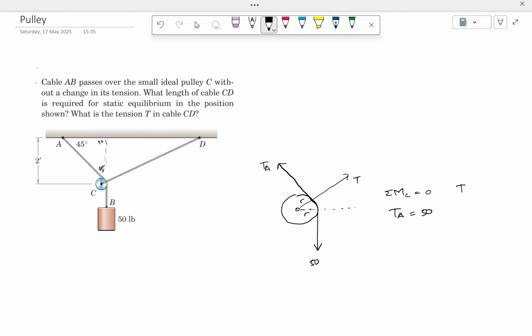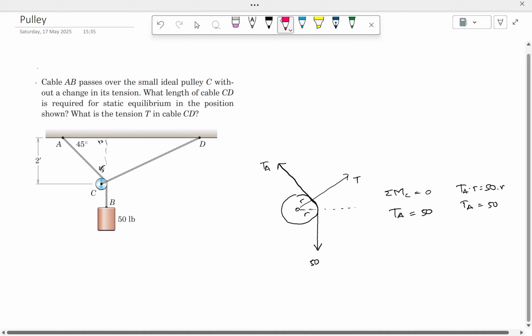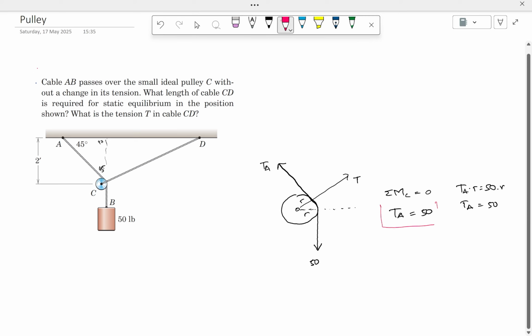Why? Because TA times R equals 50 times R. TA is 50, right? This is the one that we found.